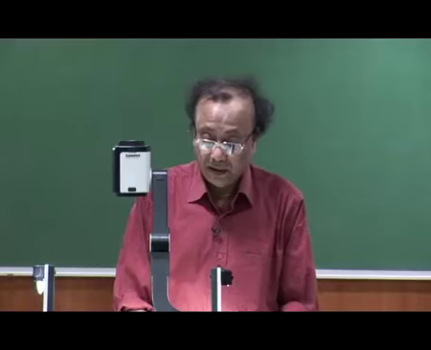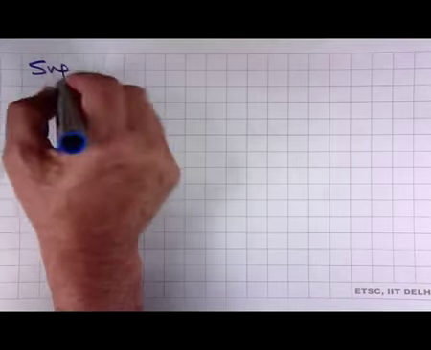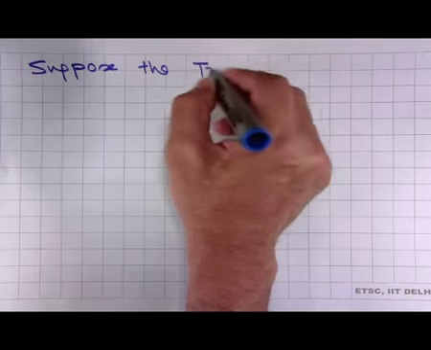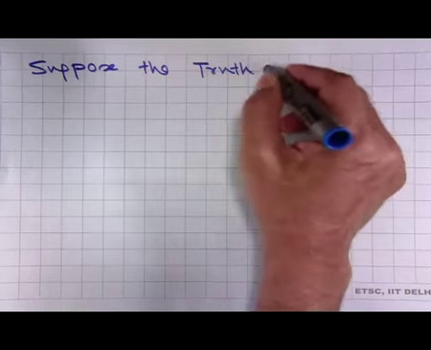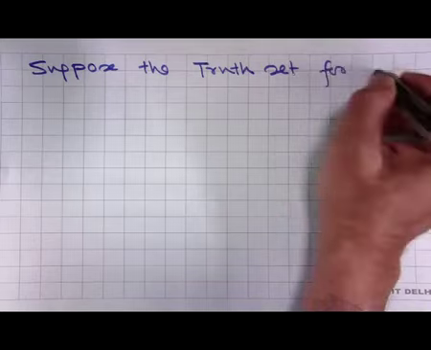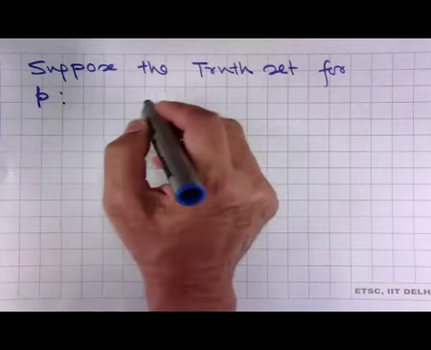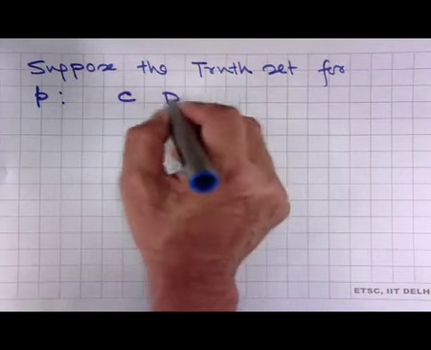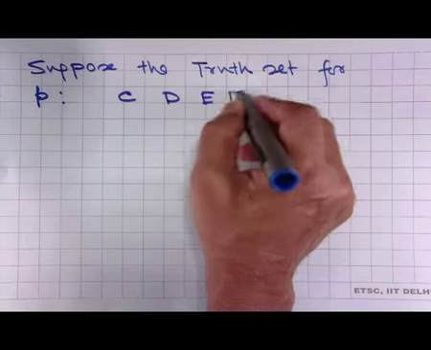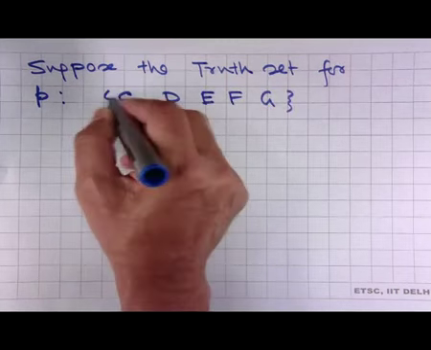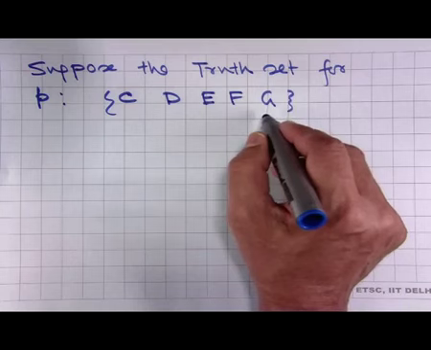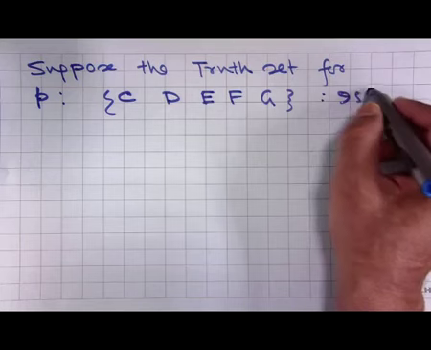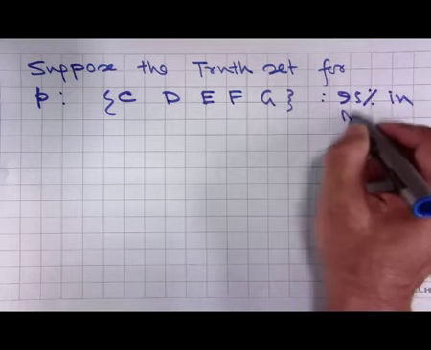Suppose the truth set for P is C, D, E, F, G. That means, these are the students who got more than 95% in maths.